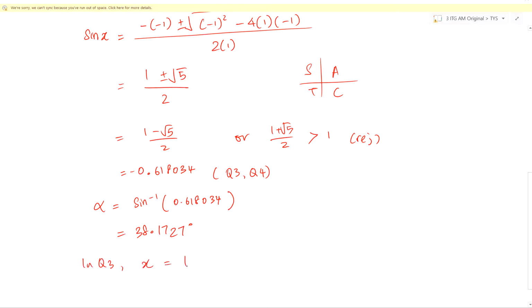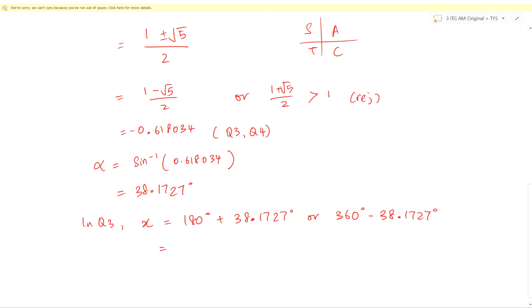Now in the third quadrant, our x value will be 180 degrees plus 38.1727 degrees. In the fourth quadrant, 360 degrees minus away the basic angle, and we end up with 218.1727, or 321.8273.